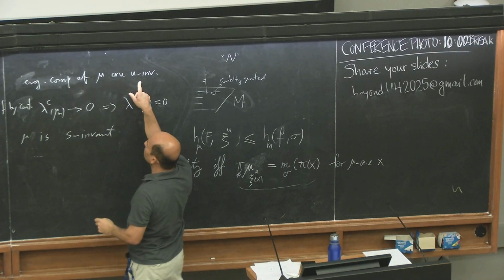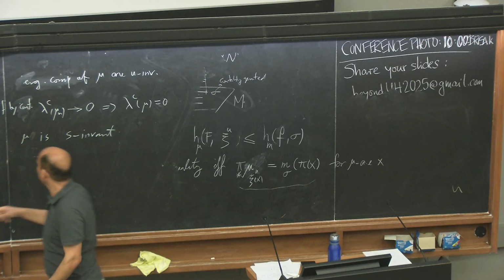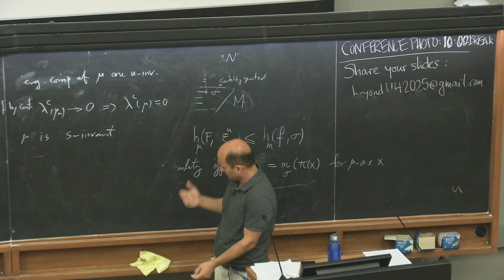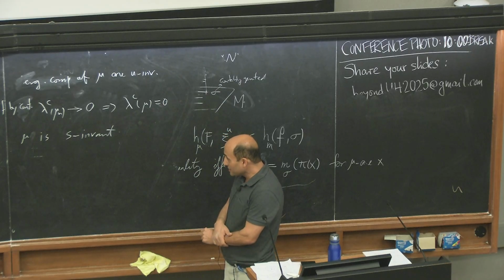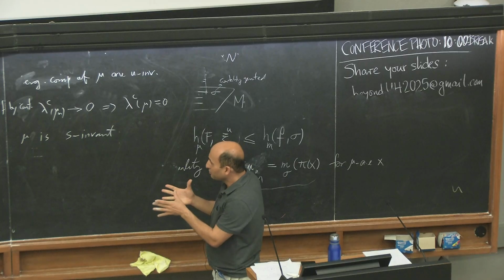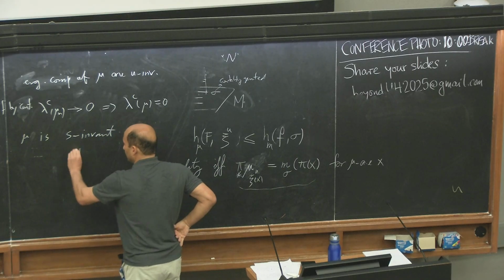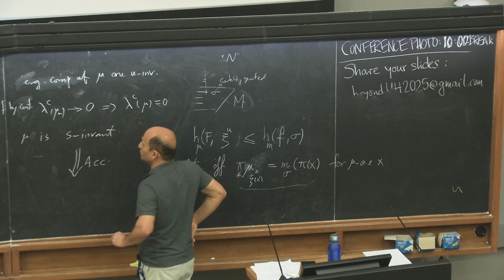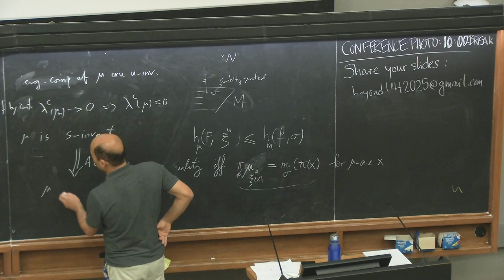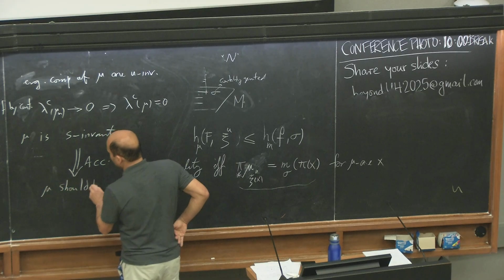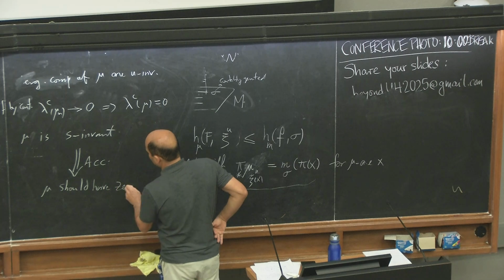So mu is U invariant by the invariance principle. It is also S invariant by the invariance principle. So this means that mu is S and U invariant, and we are in the setting where, as I said, the quotient measure is a product measure. This means that, using accessibility, you conclude that mu should have 0 exponent.